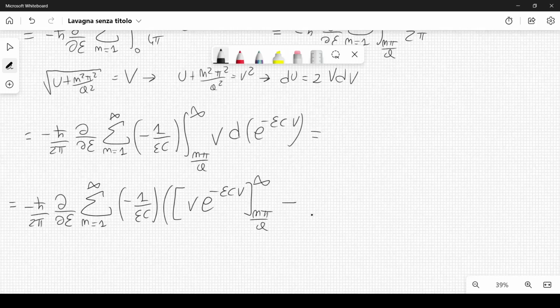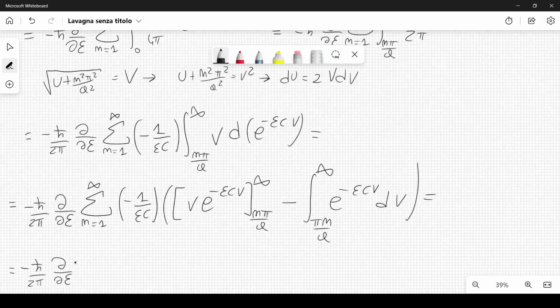And then we have to subtract the integral from pi n over a to infinity of e to the minus epsilon cv dv, like this. And this can be written as, of course, minus h bar over 2 pi d over d epsilon. Then we have summation over n from 1 to infinity. We still have the factor minus 1 over epsilon c.